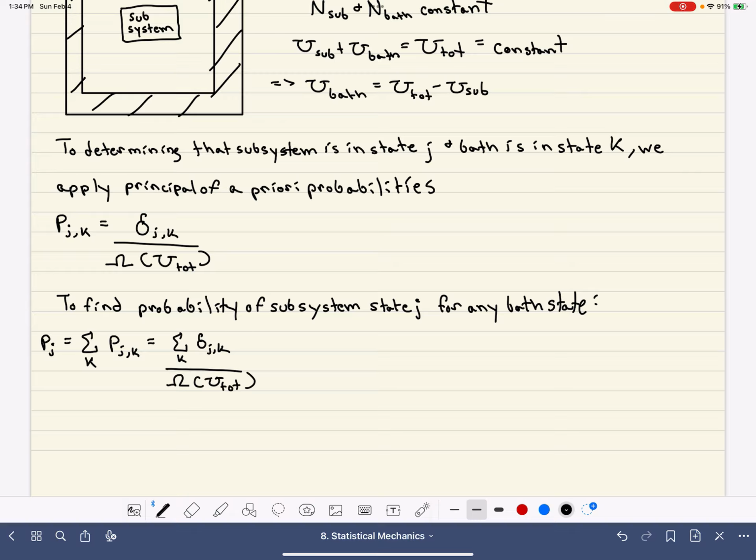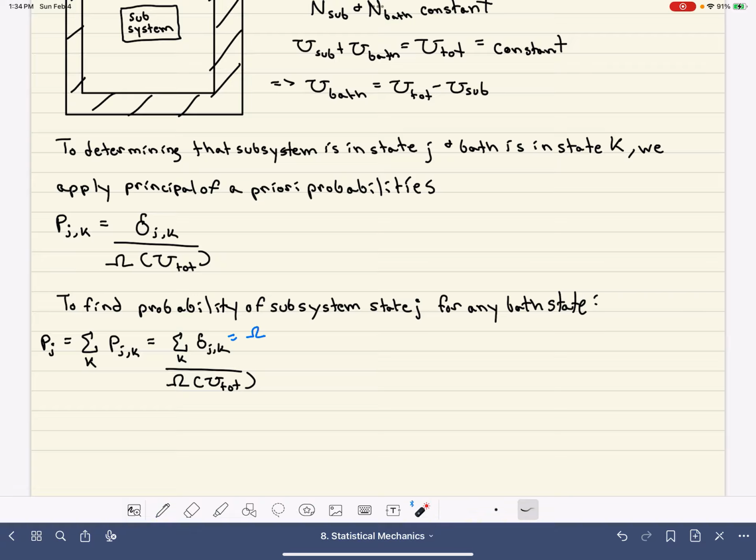Now, as we saw before, in the microcanonical ensemble, just by rearranging all of the probabilities, we know that the summation of the delta function here is equal directly to omega.